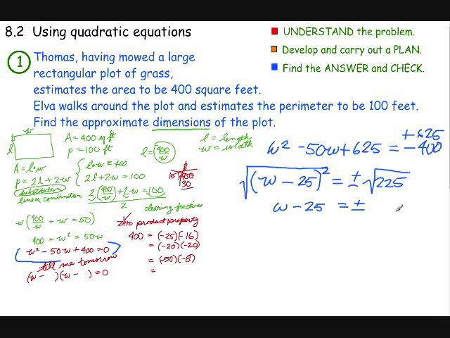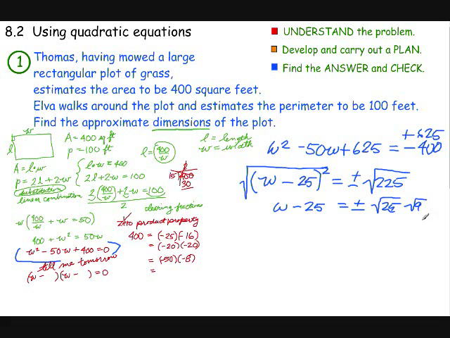Now, is there a perfect square in there? Yes, there certainly is. The square root of 25 times, what would that be? 25, the square root of 9.